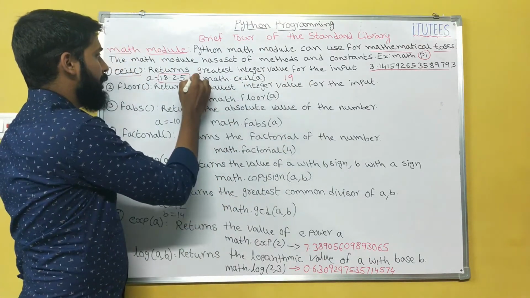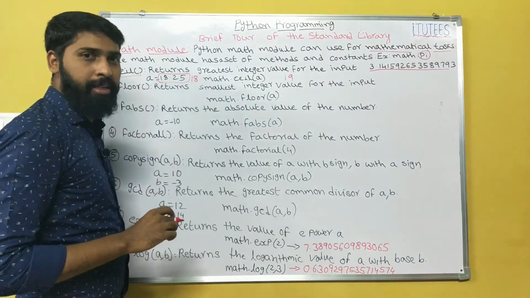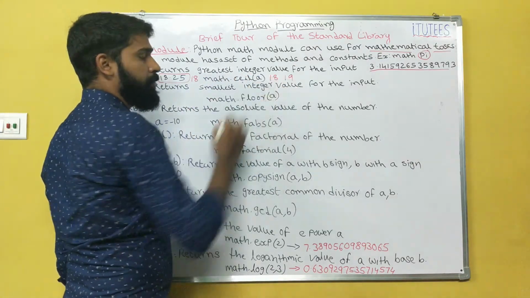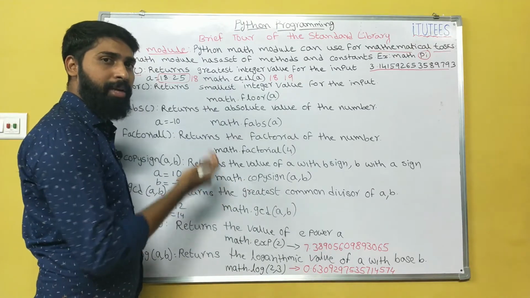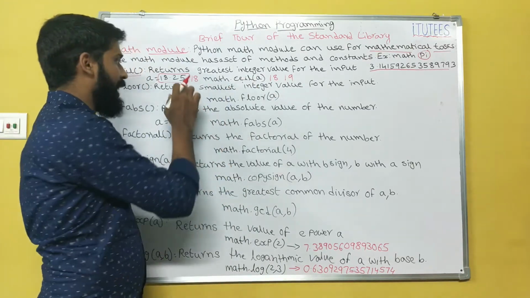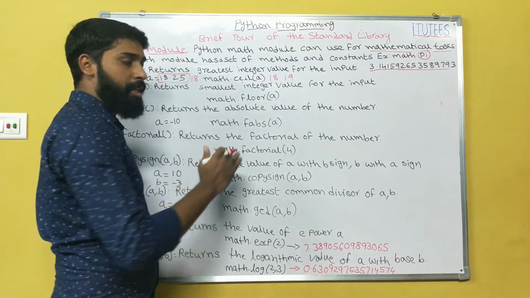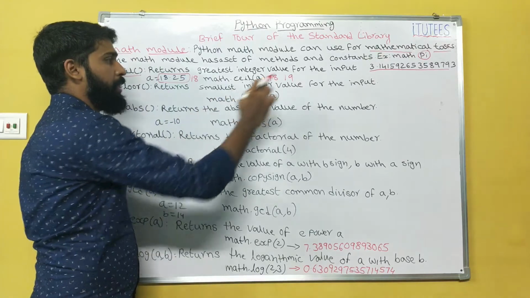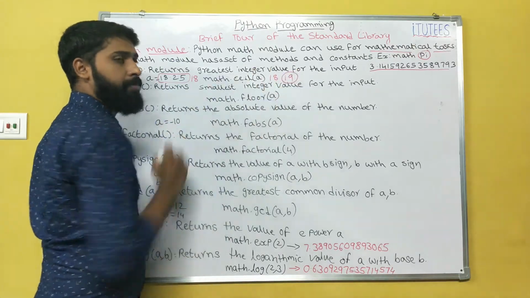If I give the input a equals 18, then math.ceil of a is 18 only. If you give the input as an integer, it returns the same number. If you give a fraction value, it returns the greatest integer value for the input. For example, 18.25 prints 19.